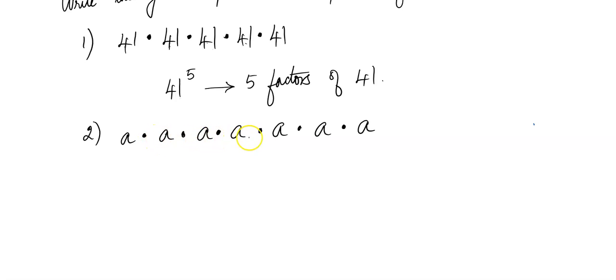The letter is the same letter that's being repeated, so it is as if it was a number. It's just represented now by a variable, a letter, which is totally fine. So we go back and count 1, 2, 3, 4, 5, 6, 7. So a repeats 7 times by multiplying over and over. So a is the base, and it's being raised to the power 7 because it's being multiplied 7 times over.